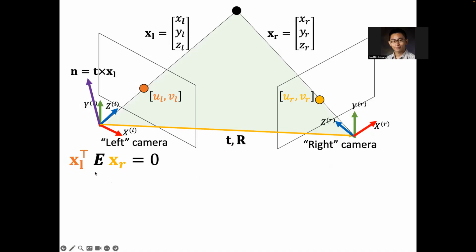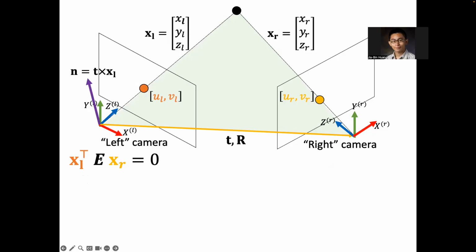If you multiply this guy, it becomes a line equation in the second image. And if you multiply this guy, it becomes a line equation in the first image, okay?